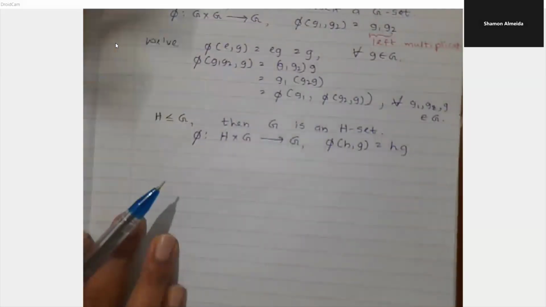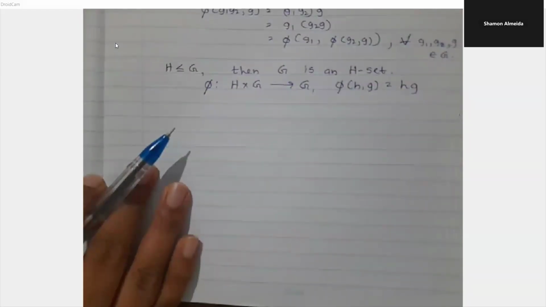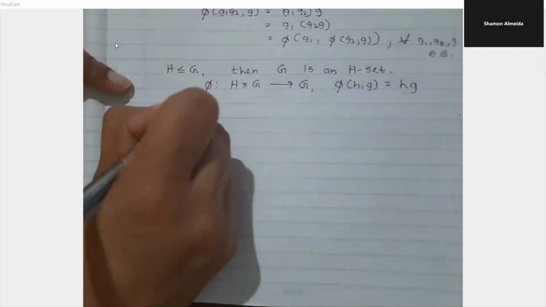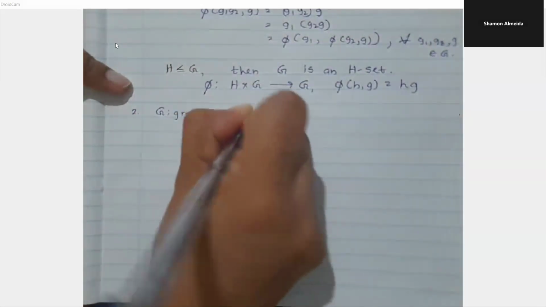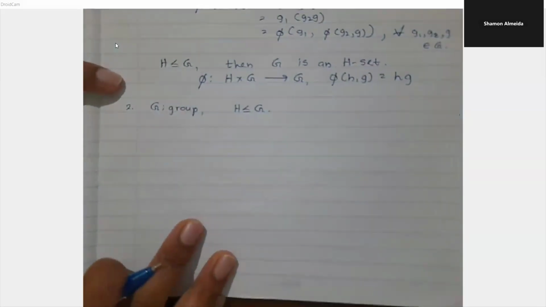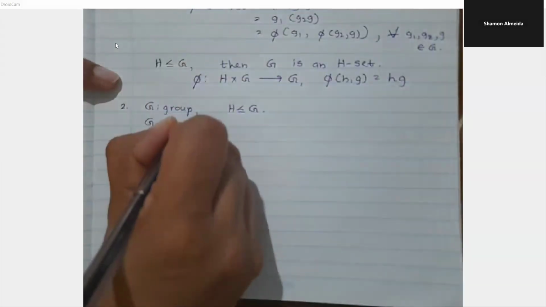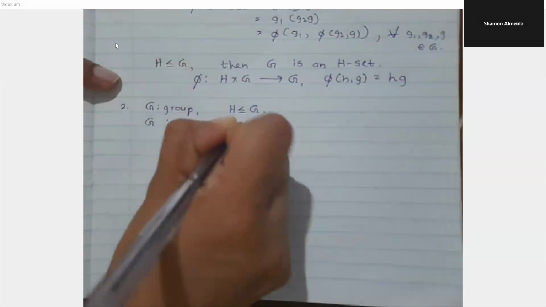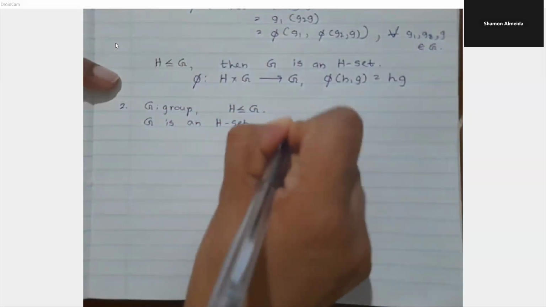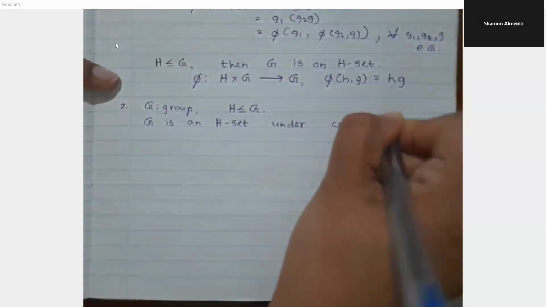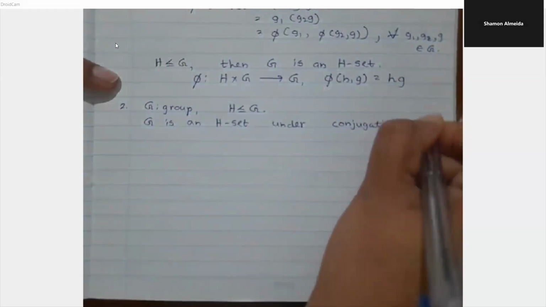Now, for a subgroup H, I'm going to define a different group action. Let's take G to be a group, H to be a subgroup of G. Then G is said to be an H-set under conjugation as well.